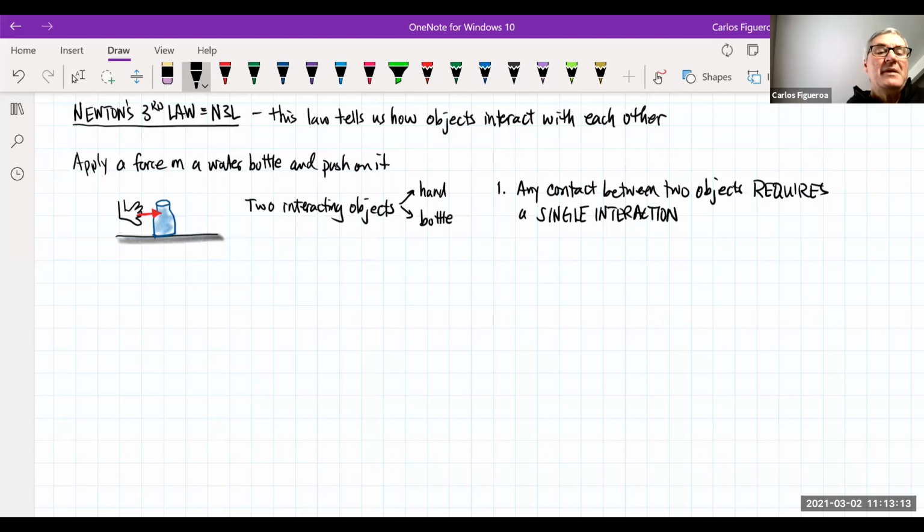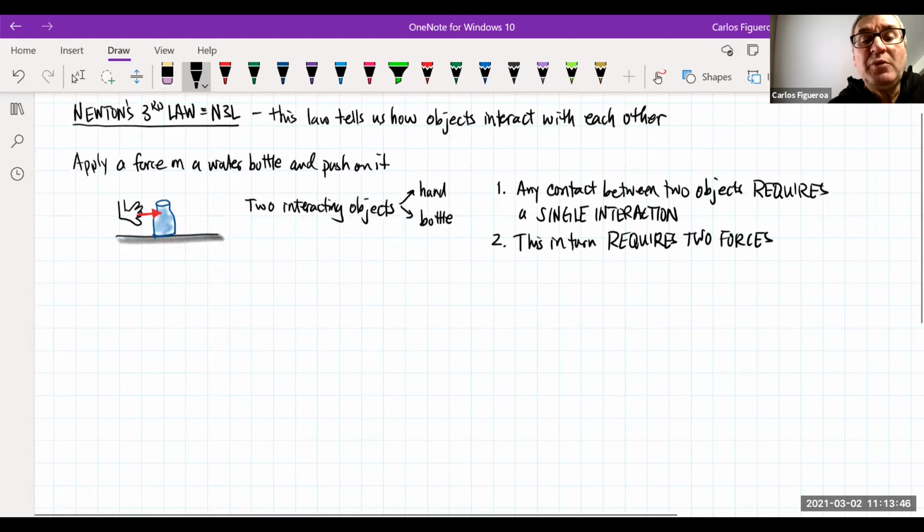That means me coming in contact with the bottle is, of course, only a single interaction. It's not like I touch the bottle and then the bottle touches me. It's all simultaneous. So this in turn requires not one, but two forces.